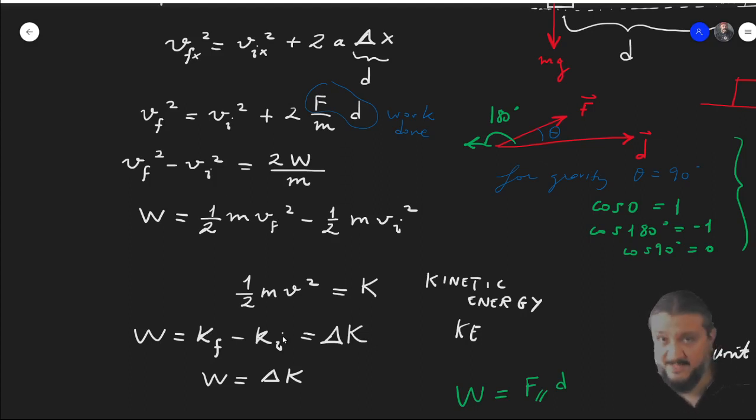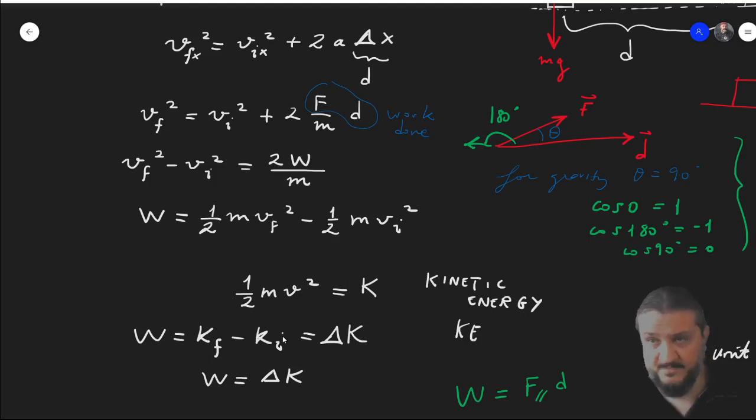Think about that, okay? That's why it is good. And you don't know how far the object moves either. The definition of work is force times distance, but without knowing those two, just by knowing the mass and the kinematics of it, initial and final velocities, you can find how much work is done on the object.